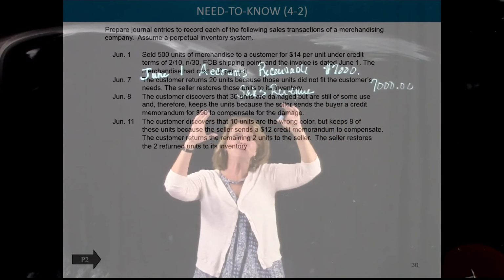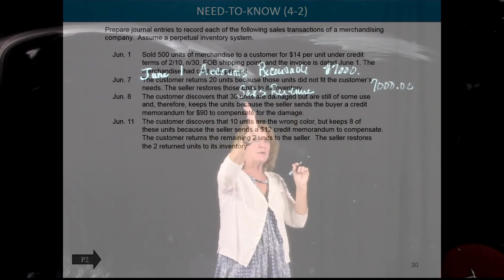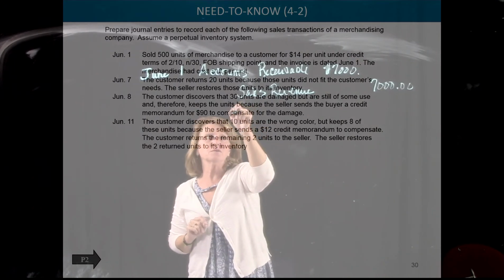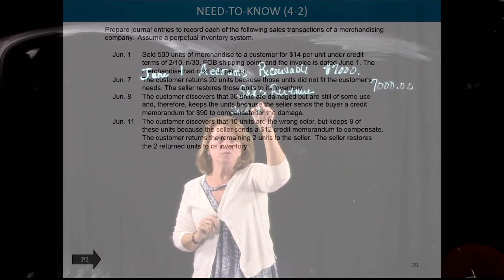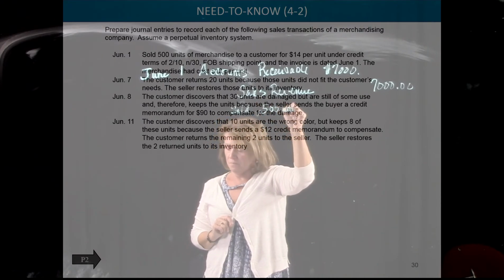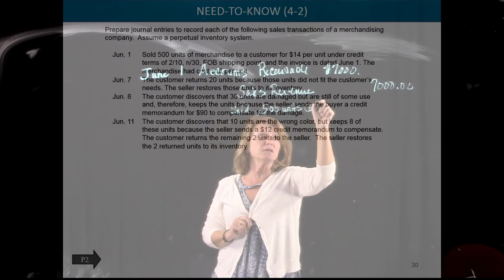Remember that when you do a journal entry, the debit always has to equal the credit. So we sold 500 units at $14.